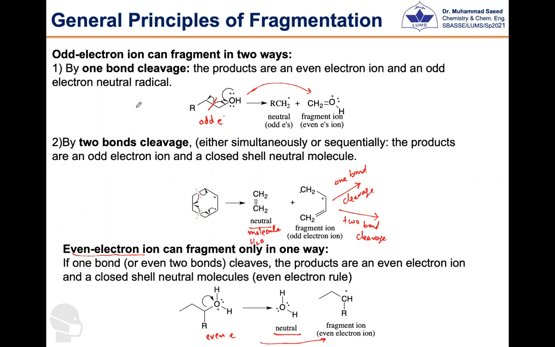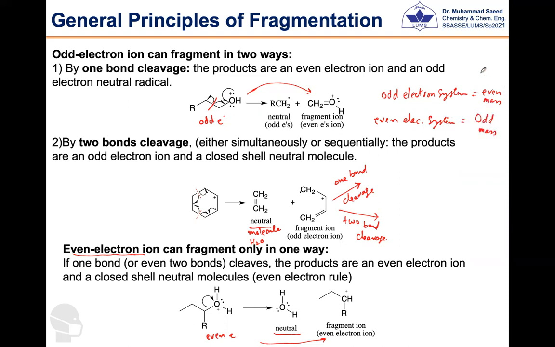As a rule of thumb, if your molecule does not have nitrogen in it, then all odd electron systems will show even mass, and even electron systems will show odd mass.